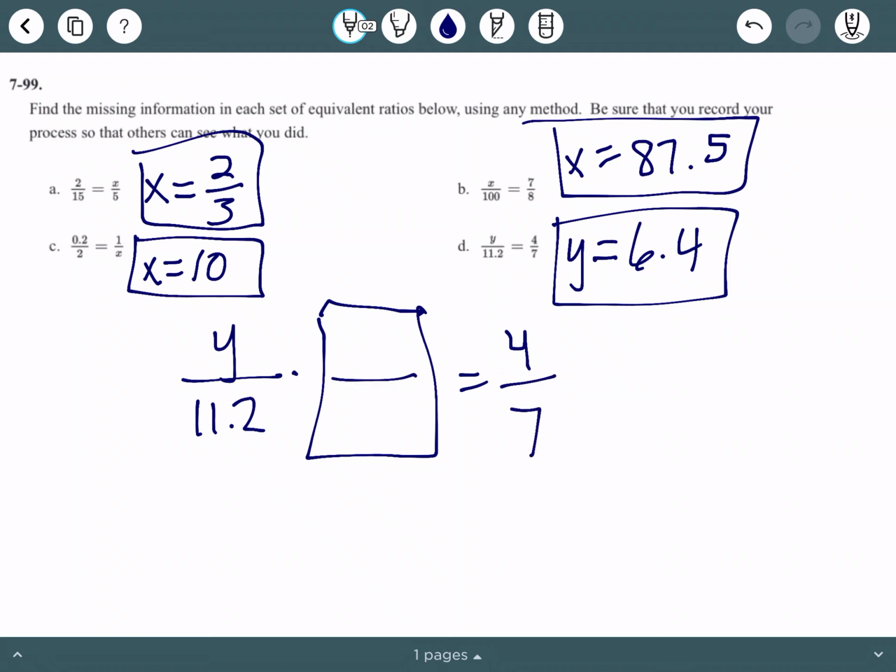What I need to do is figure out what can I multiply 11.2 by to get to 7. Again, these aren't fantastic numbers to work with in our head, so what I'm going to do then is the inverse, which would be 7 divided by 11.2, which is going to give me 0.625.